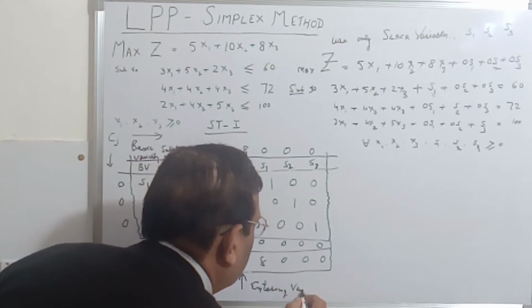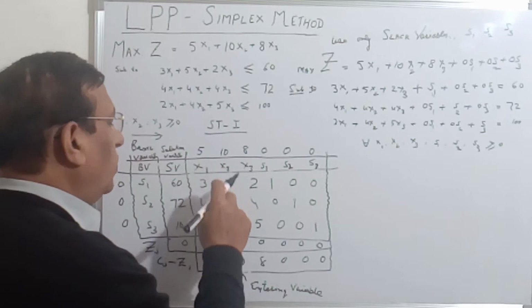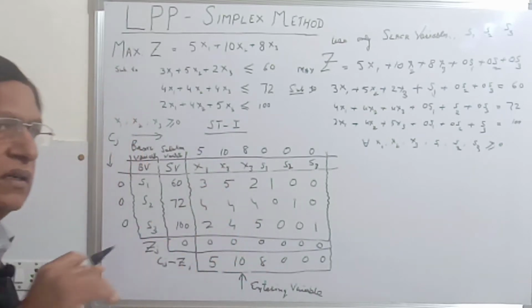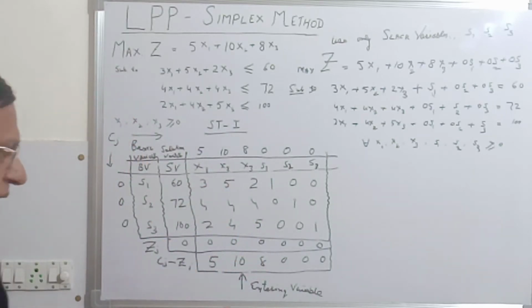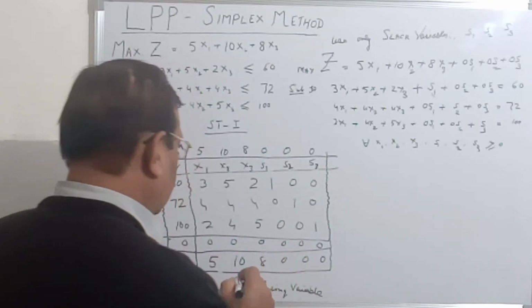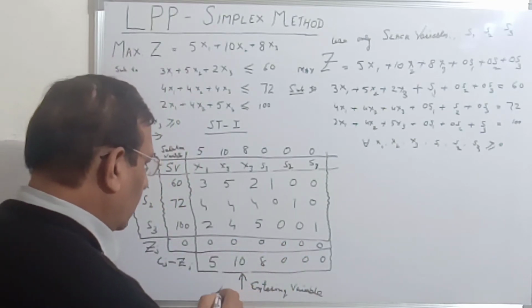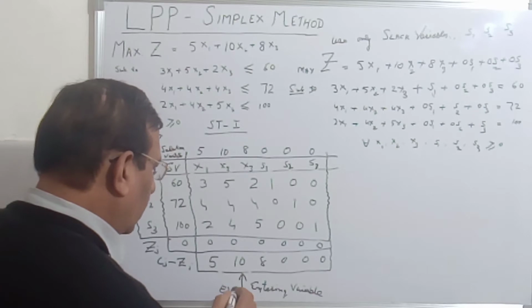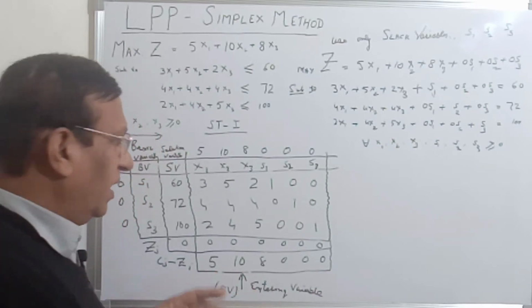Entering variable means this variable x2 will enter into the body of the matrix. This is the first step. Symbolically we will write EV, entering variable.